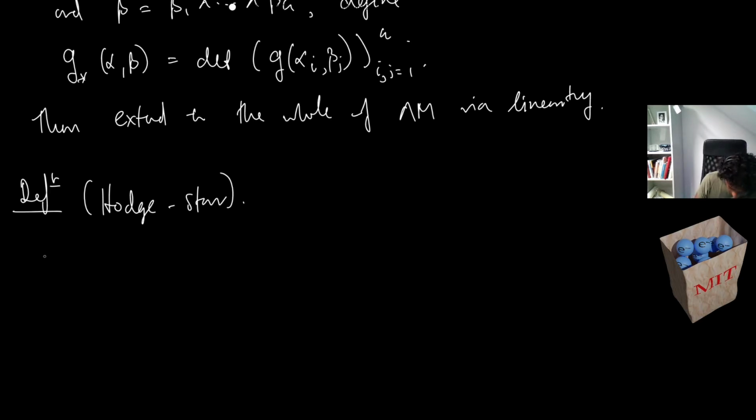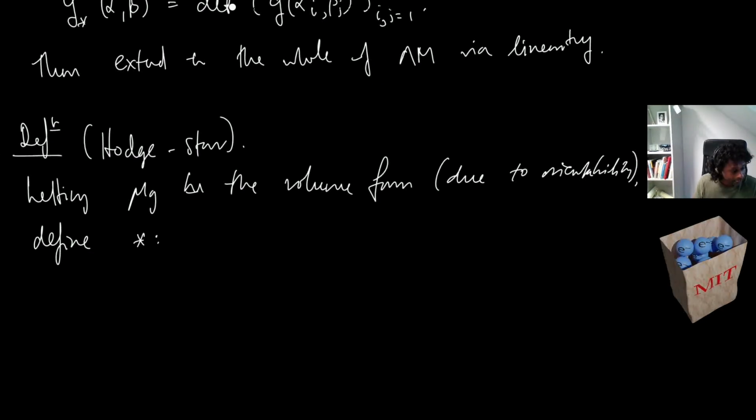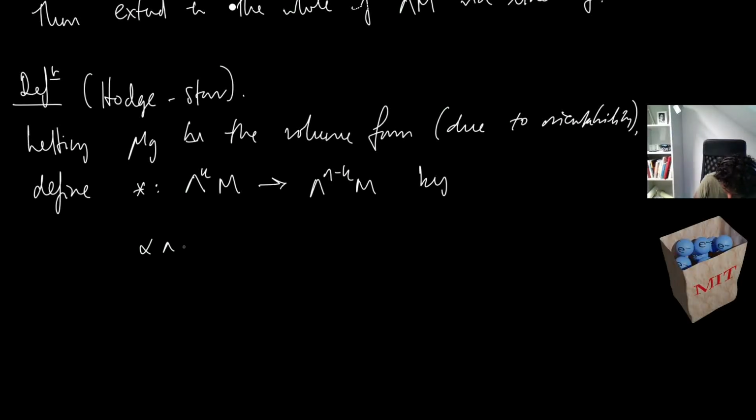So letting mu g be the volume form, which is due to orientability, define a product star that takes us from k-forms on M to n minus k forms on M by alpha wedge star beta is equal to g star alpha beta mu g. Okay, so that's the Hodge star.